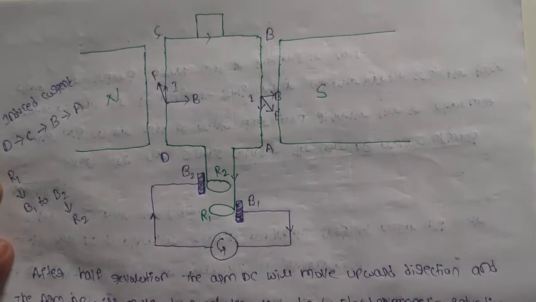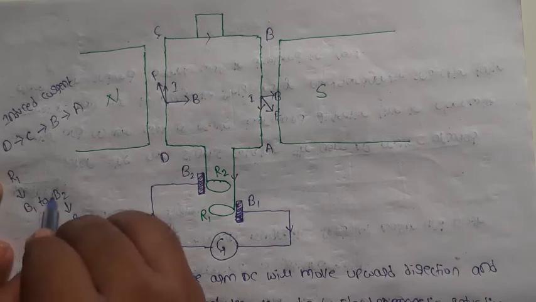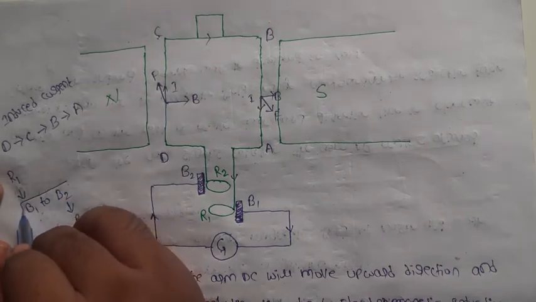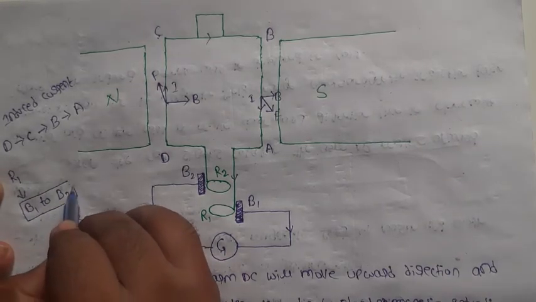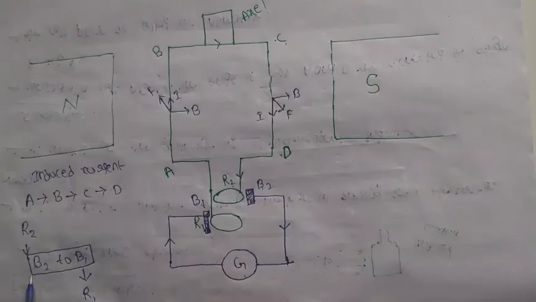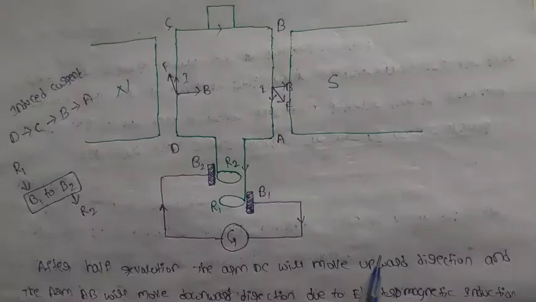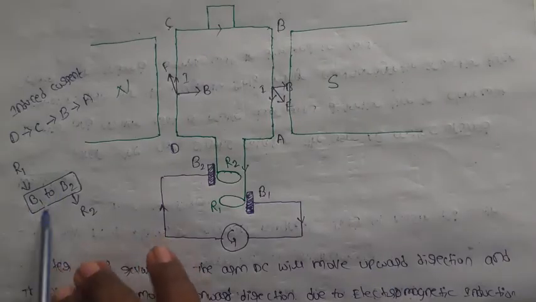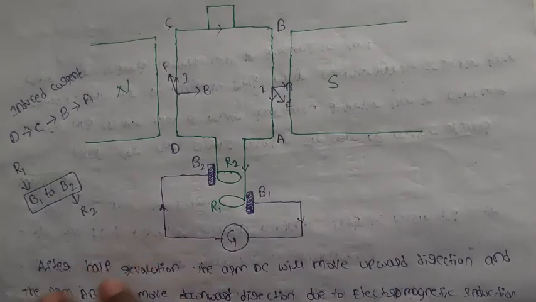So here what is the direction of the induced current? From B1 to B2. In previous case B2 to B1. But after half rotation, the current direction B1 to B2 is going to change or not. So every half revolution the direction of the induced current is going to change.